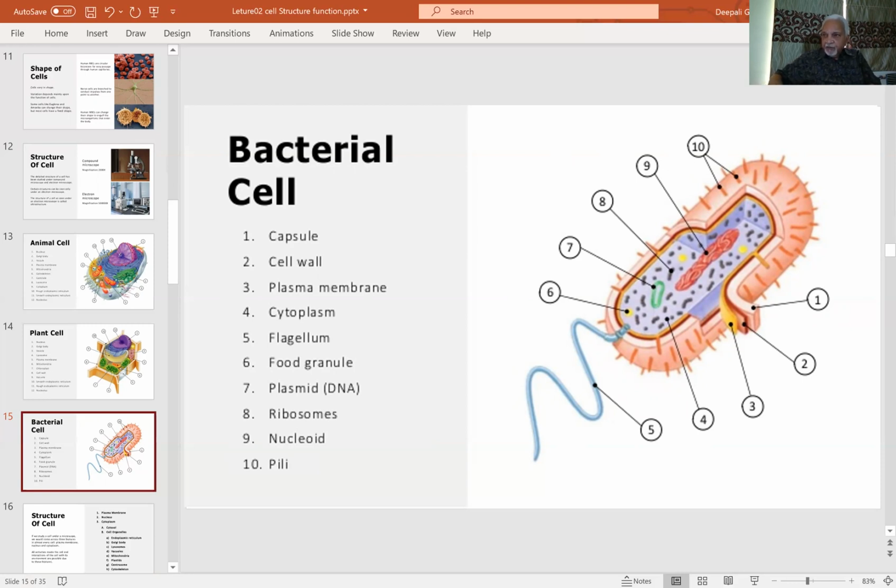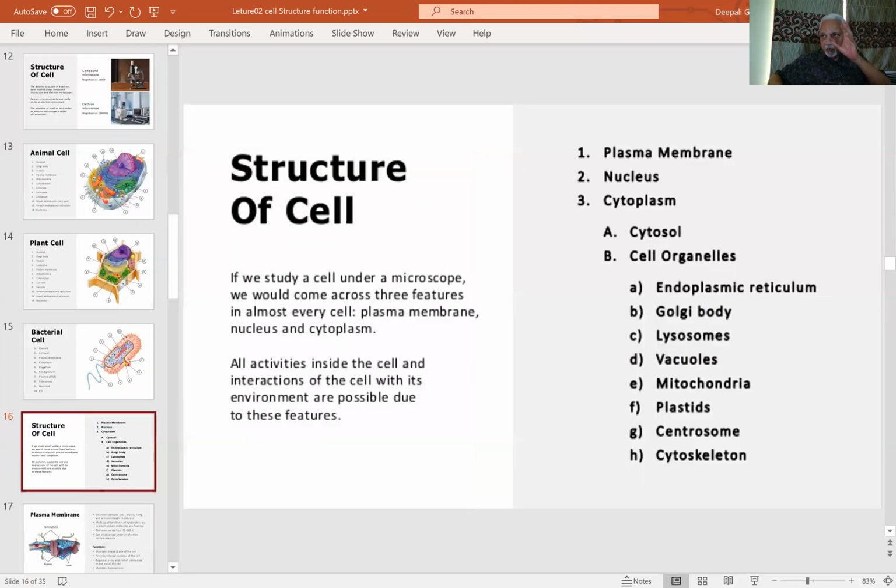Now if we try to look at what typically a cell consists of, you have plasma membrane, which is common to all cells. You have nucleus, which is characteristic of a eukaryotic cell.